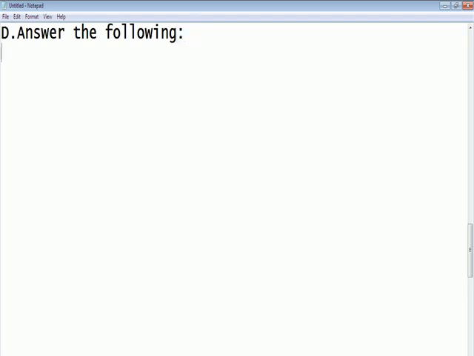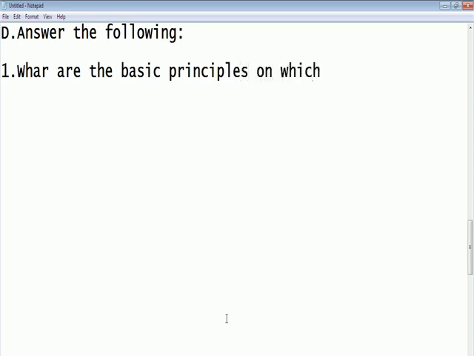So the first question is, what are the basic principles on which our computer works? This is the first question.